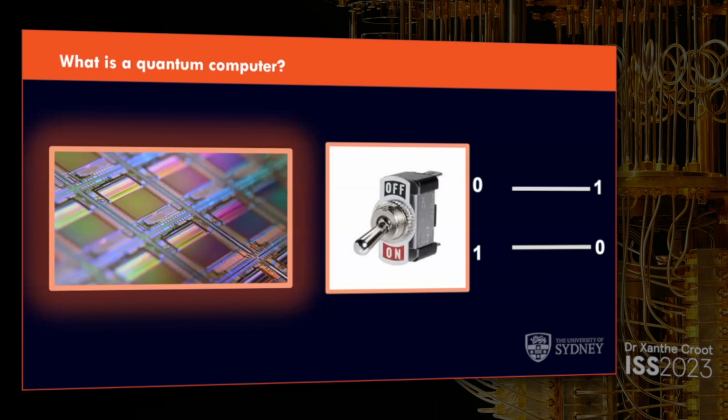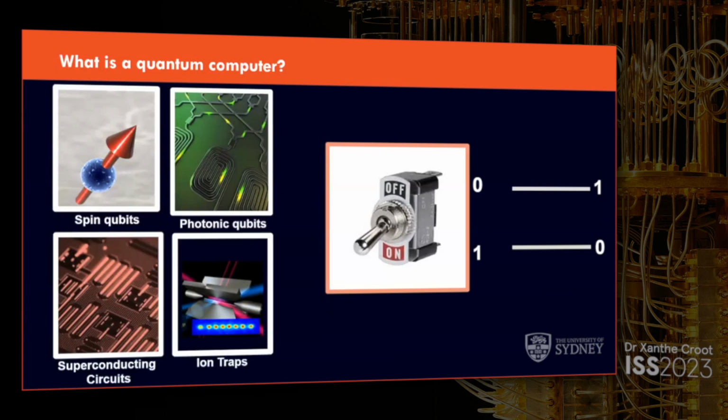But the big difference is that these systems are built from quantum objects. And we talked about how there is not just one way of building a quantum computer.